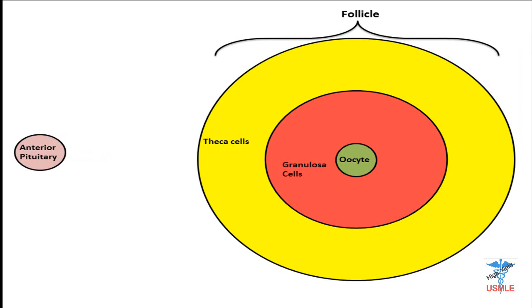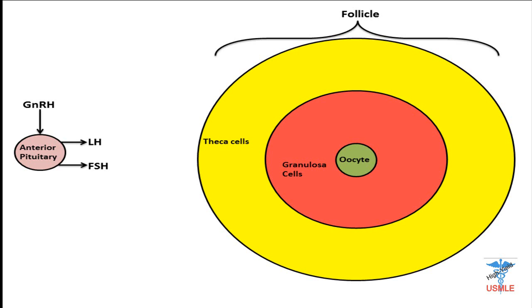Now, I made this diagram which is going to cover a lot of important facts and key points about this disease. This is going to be the normal pathway, and the next slide is going to go through the pathway of polycystic ovarian syndrome. So it's very important to understand this pathway. Gonadotropin releasing hormone is secreted from the hypothalamus, which acts on the anterior pituitary, which then releases LH and FSH.